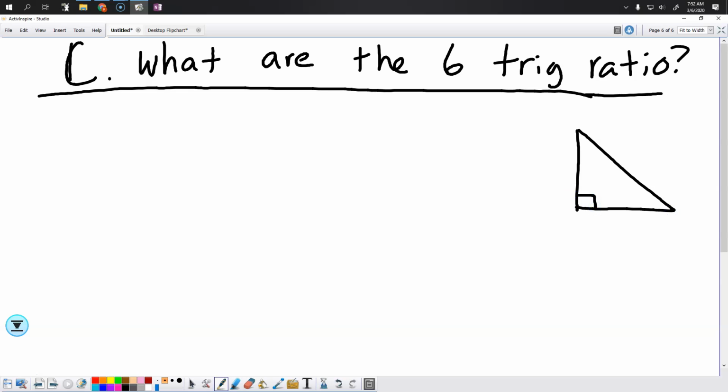I want to draw this little triangle here. We got to pick a reference angle, so I'm going to call this R here. Oh, that's not right. Got carried away there. A. So we'll call this one B and this one C, just to kind of stay faithful to our Pythagorean theorem there. So what are the 6 trigonometric ratios?